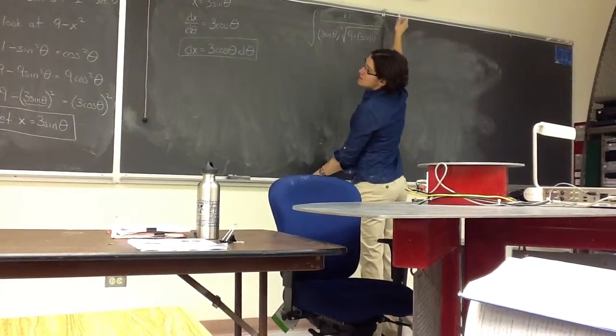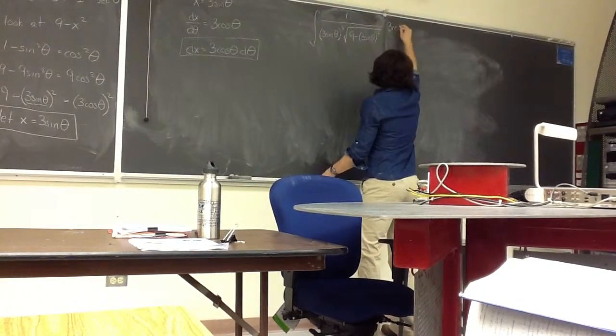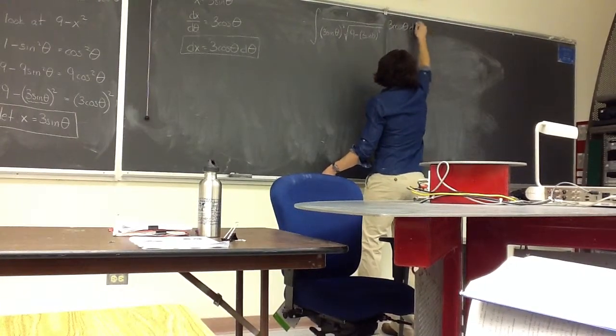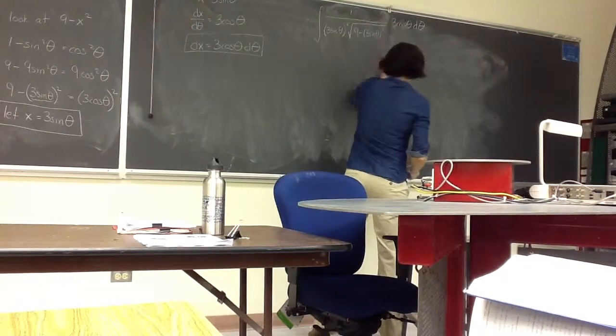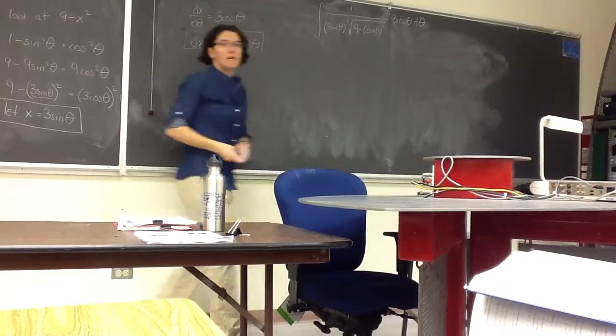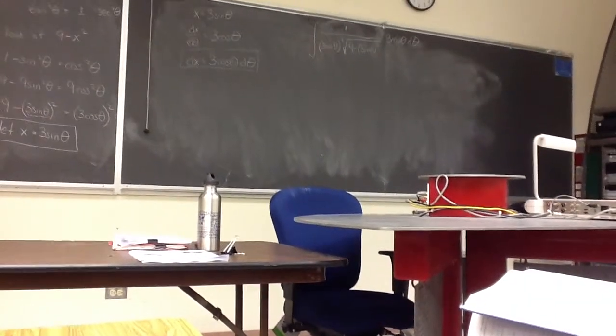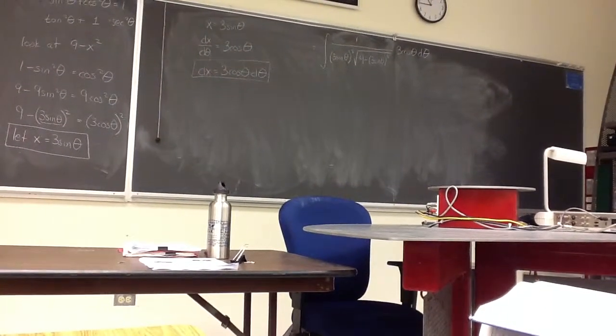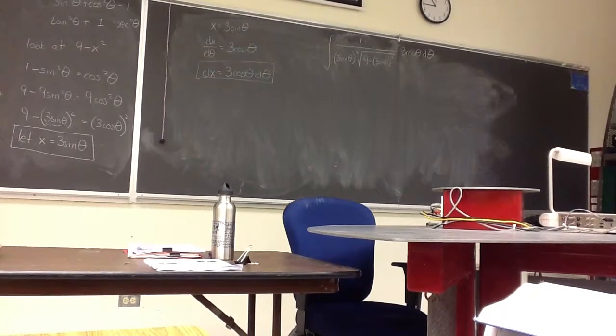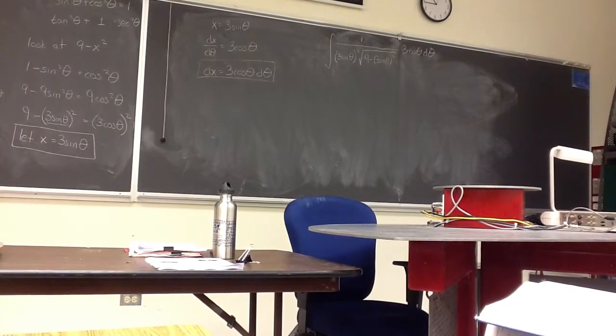And then my dx was 3 cosine theta d theta. Okay, I have now turned my entire integral into thetas, and it looks awful. Are there any questions about turning this all into thetas?